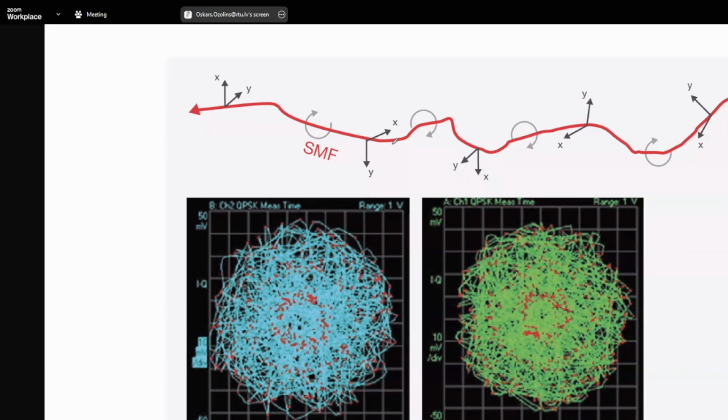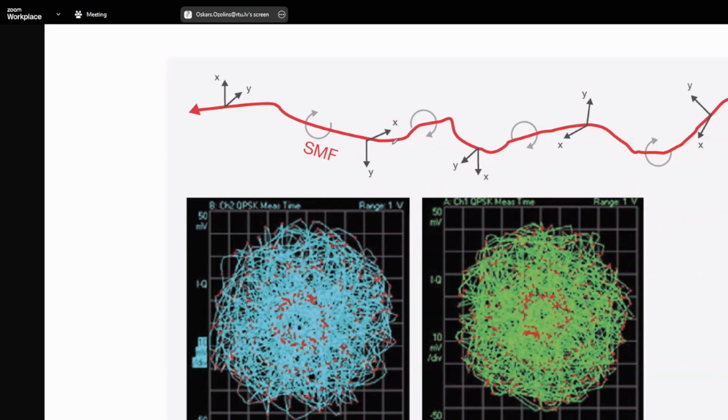So it's not part of our course now, but there have been several accidents in the Baltic Sea where sea cables have been damaged by anchors of ships and completely torn apart. So in principle, if you can track the state of polarization in a cable, you can actually know what is happening with the cable.